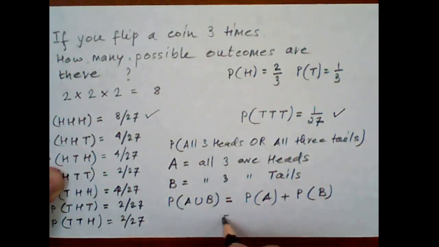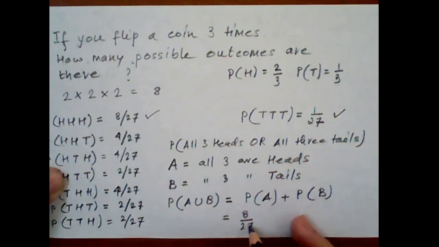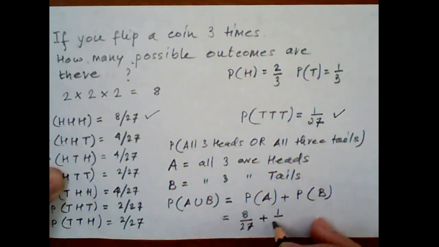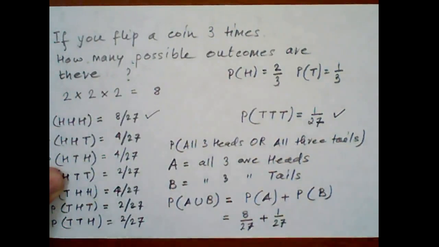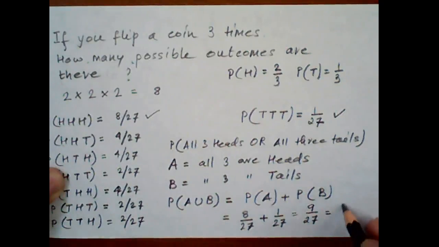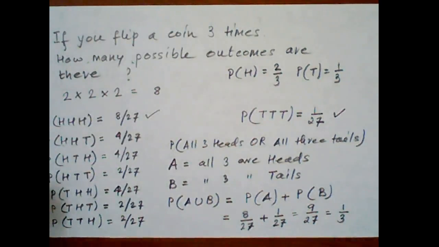And that will be equal to 8 by 27 plus 1 by 27, and that is equal to 9 over 27, which is equal to 1/3. Okay, so far so good.